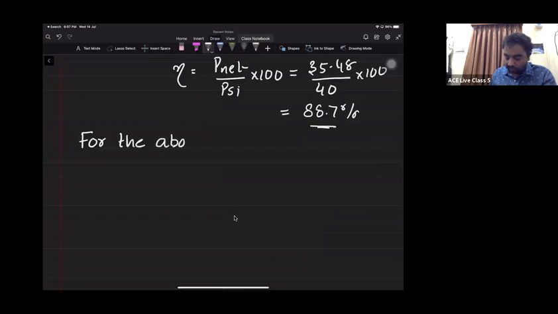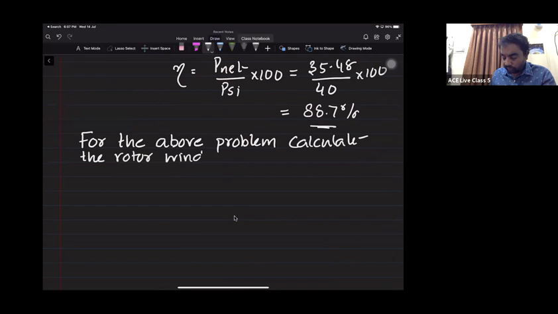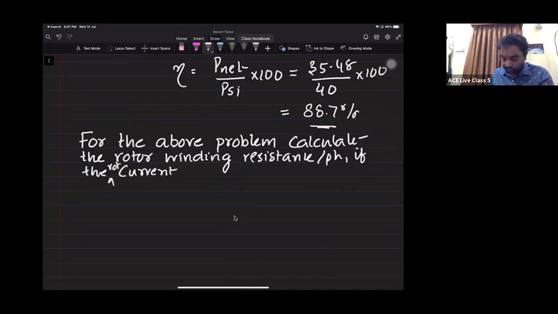For the above problem, calculate the rotor winding resistance per phase if the rotor current is 40 amperes. Do it. I'll come in a while. Just do it.